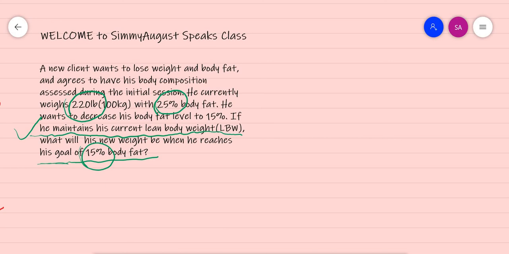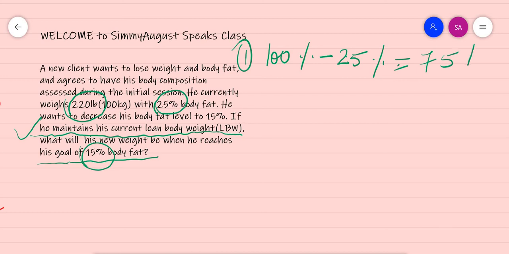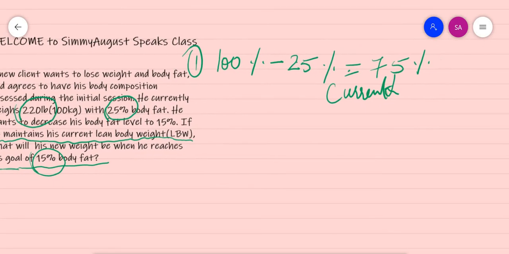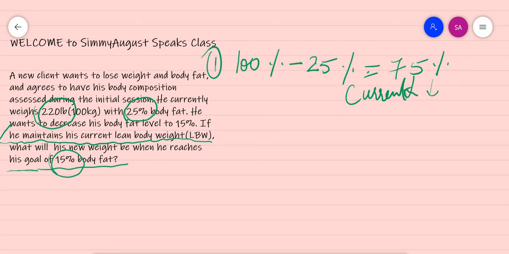So first step is, from 100% I will minus 25% current body fat, and I will get the current lean percentage.